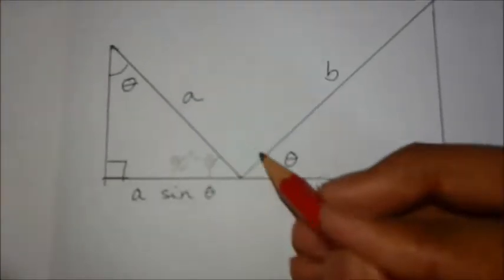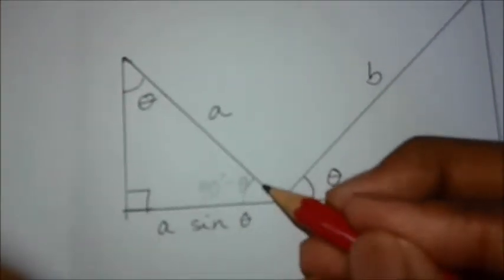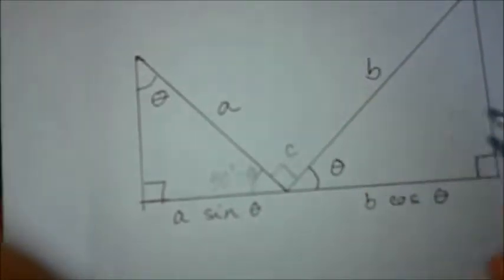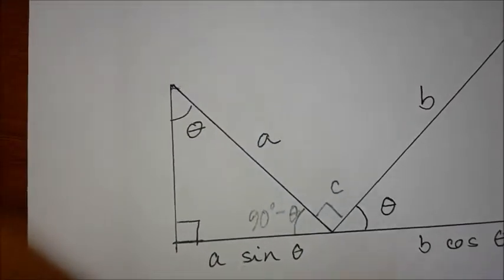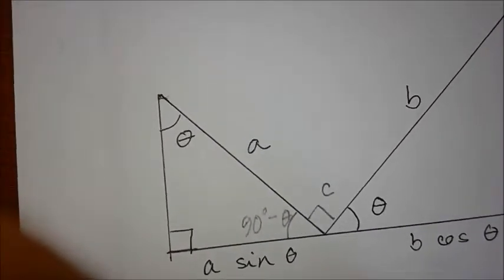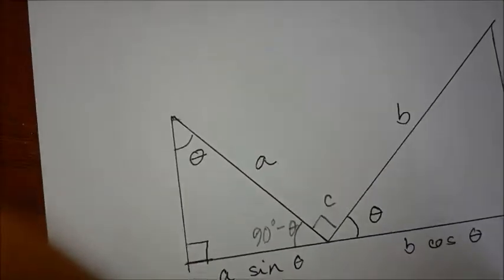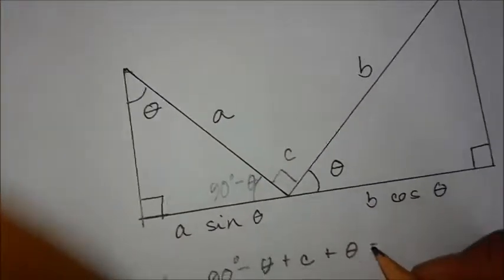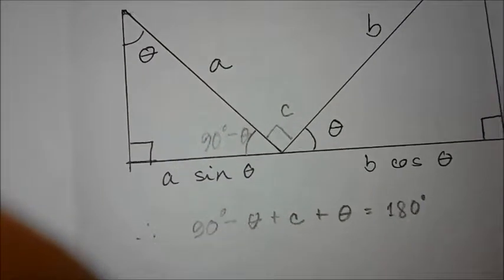And now, since all of these lie on a straight line, let's call this angle C. Therefore 90 minus theta plus C plus theta equals 180 degrees.